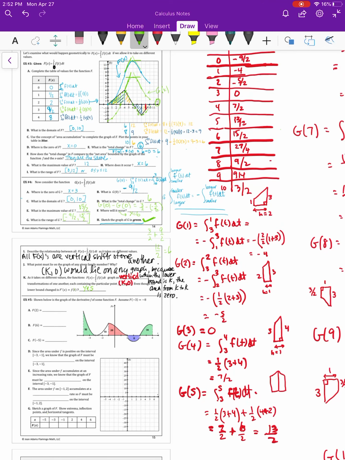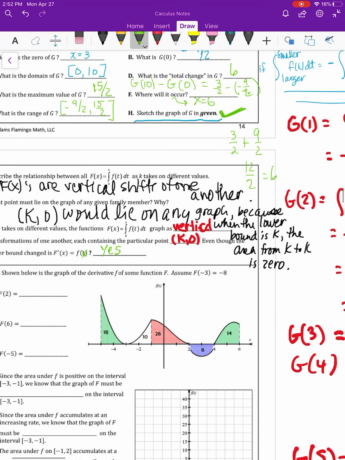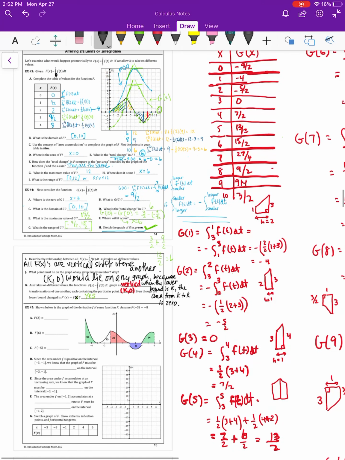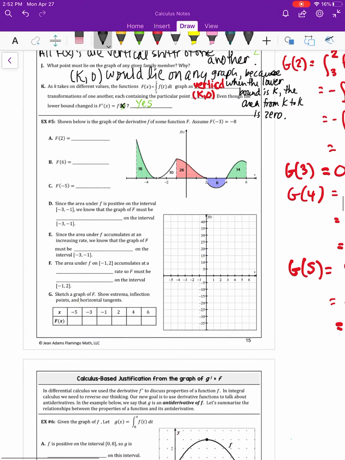It kind of makes me feel better to put an x there. But this black function that we started with here is the derivative of both of these other functions. Is that crazy or what?